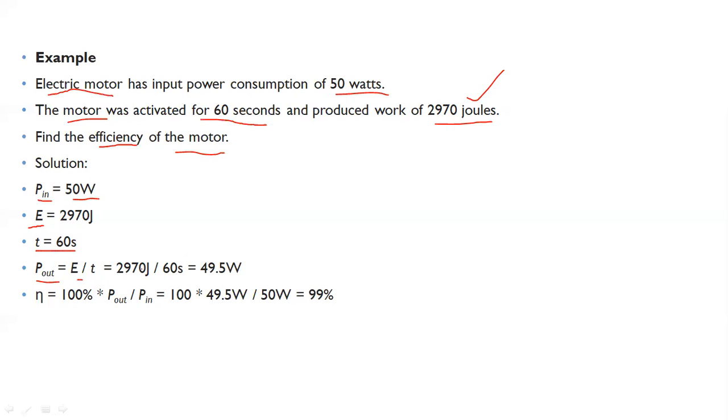E is equal to 2970 joules, t is equal to 60 seconds. E by t is joules per second, which is known as the watt. So 49.5 watts. So efficiency will be 49.5 by 50 into 100, that is 99%.